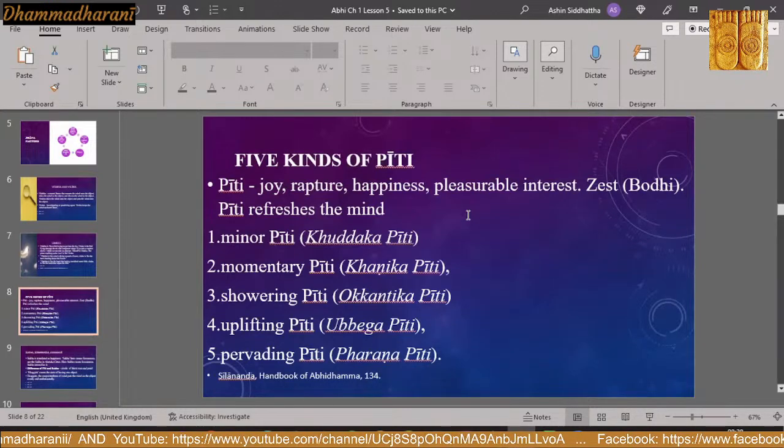Minor piti, in Pali Uddaka piti, means when you are doing some wholesome action, you have some happiness, joy, like uplifting your body hairs. We call it goosebumps. But it's just one, it doesn't happen again and again.